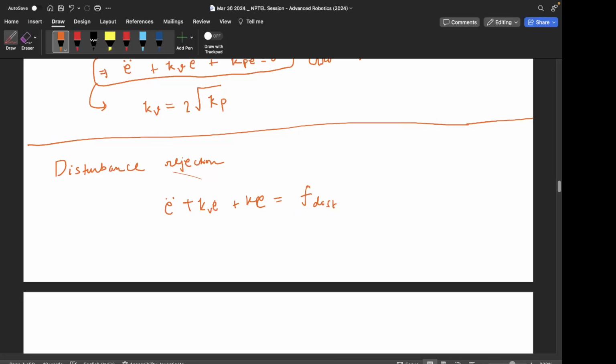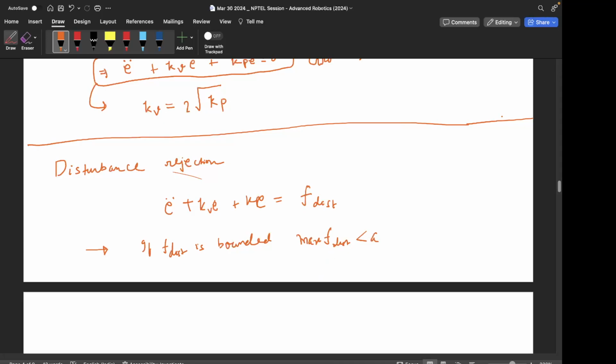In real life, this disturbance could be anything, but for analysis purposes, we again take some assumptions. So, if this disturbance is bounded, right? Disturbance is bounded means that the maximum of this disturbance is always less than a certain constant, right?